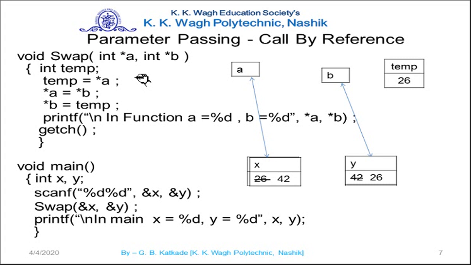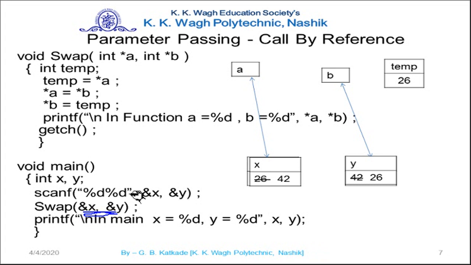Let us assume that we know something about pointers. Now when you call the function swap with call by reference, rather than giving the direct value, we provide the address of x and the address of y rather than the value of x and the value of y.